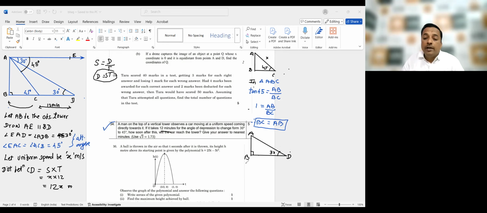We want, here again we use tan in triangle ABD. Tan 30 is equal to AB upon BD. What is the value of tan 30? Value of tan 30.